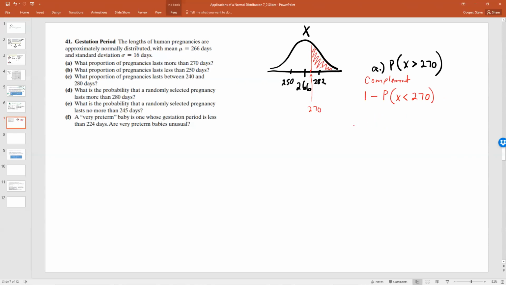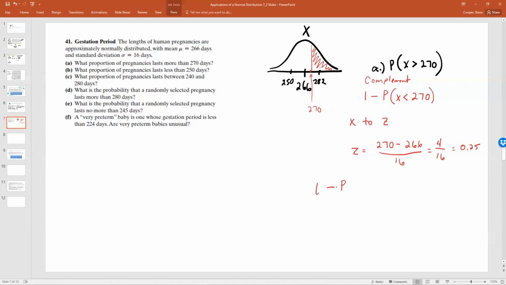So let's convert x to z. Okay, then z is going to be equal to x value minus mu 266 divided by standard deviation of 16. And so we get, okay, so what we really want for A is the probability.